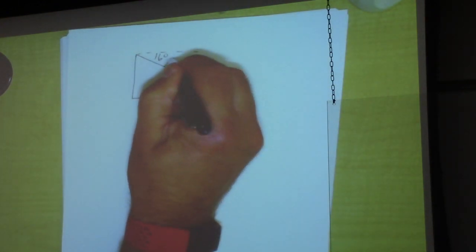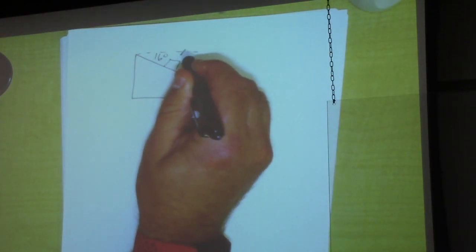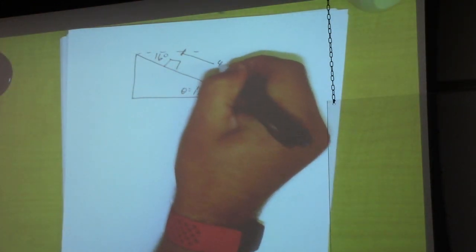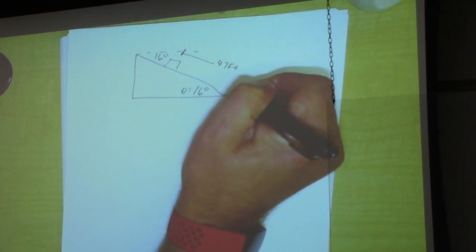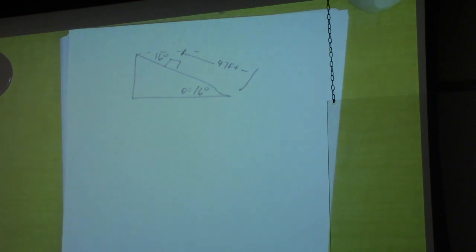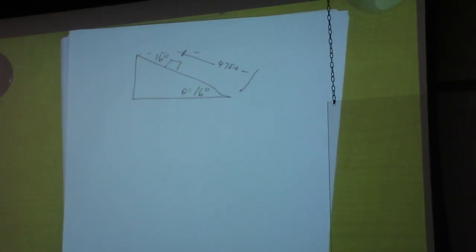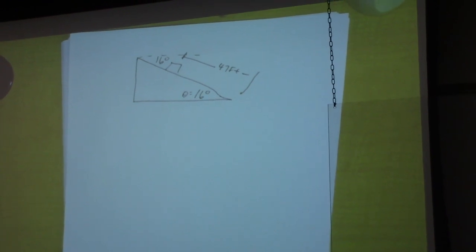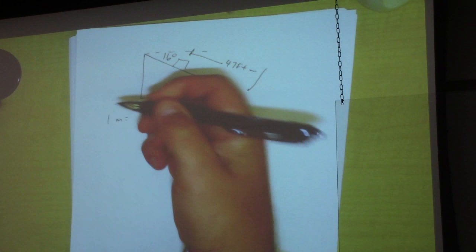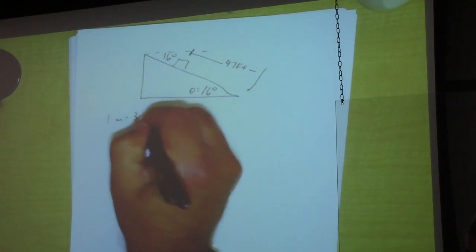And then the car goes down here. In my problem, you might have a different number, but mine is 47 feet. Perfectly good number, but as you know, that's not an SI unit. We'll have to convert that to meters. Luckily, they give us the conversion factor. 1 meter is 3.28 feet.